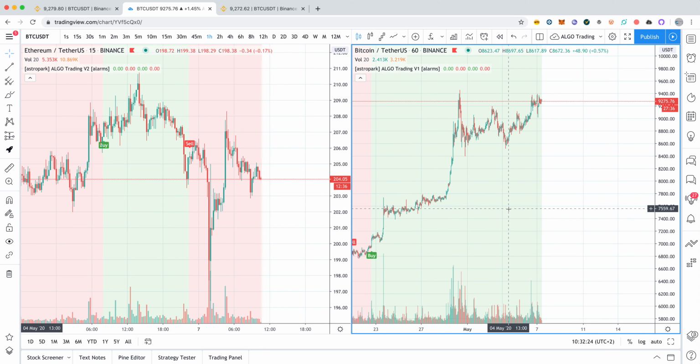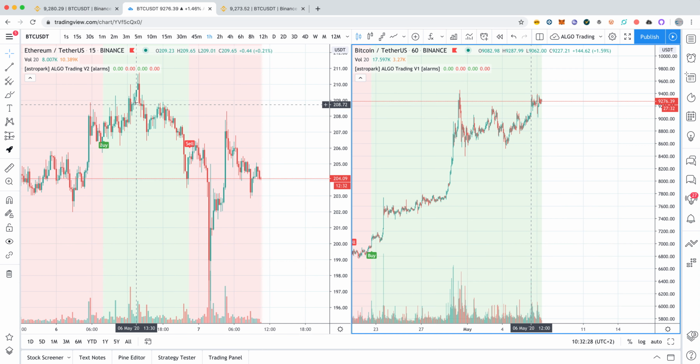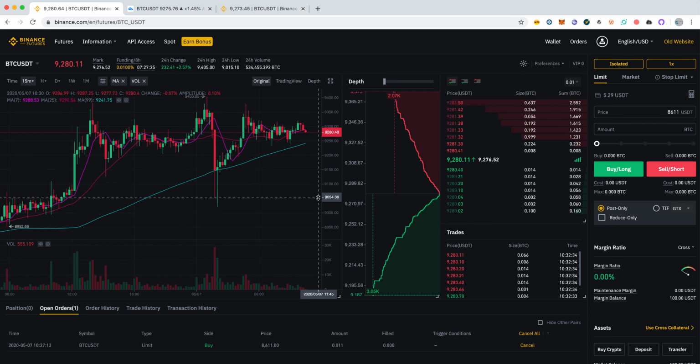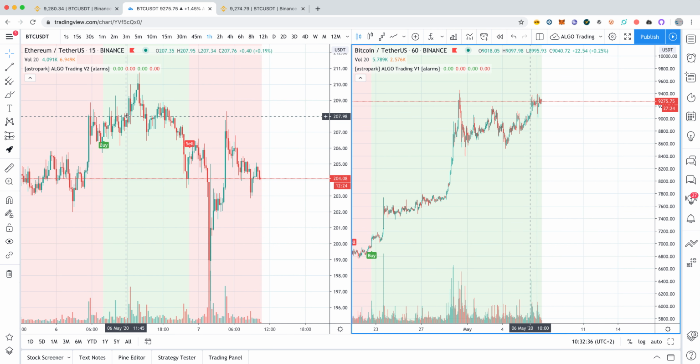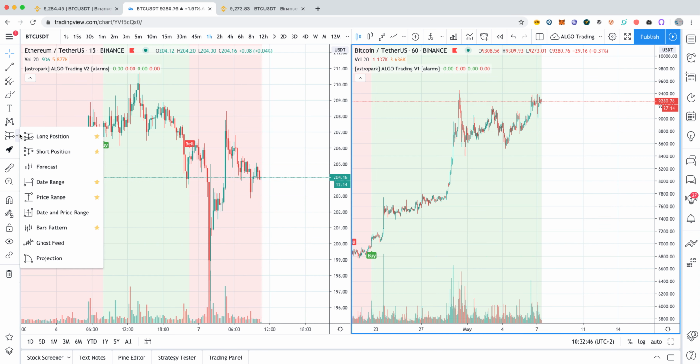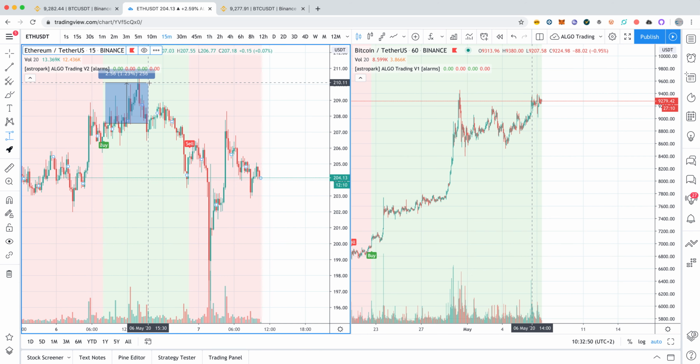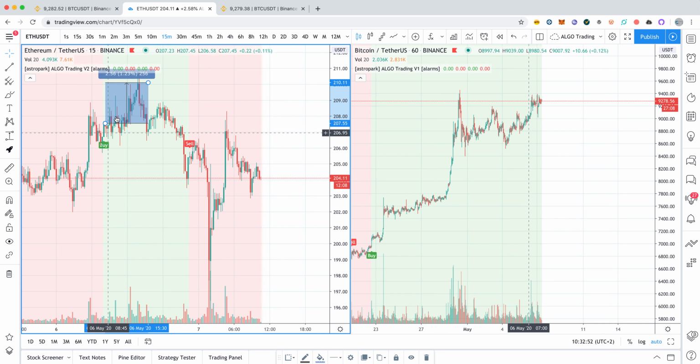My suggestion, of course, is to move the stop loss, which I always suggest to set. Move your stop loss into profit whenever you are in a good profit. For example, here the buy was triggered, and here we were in a good profit.